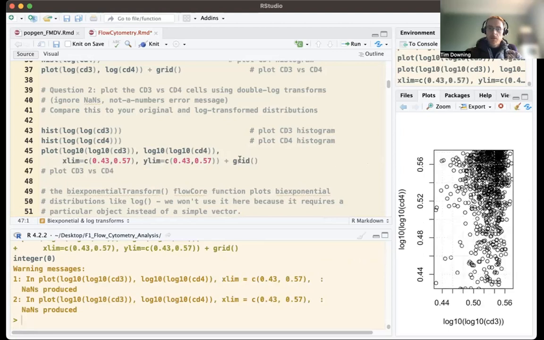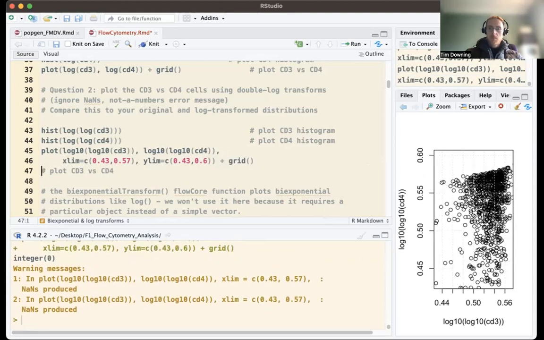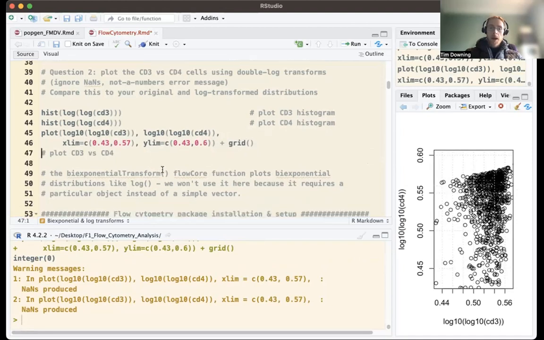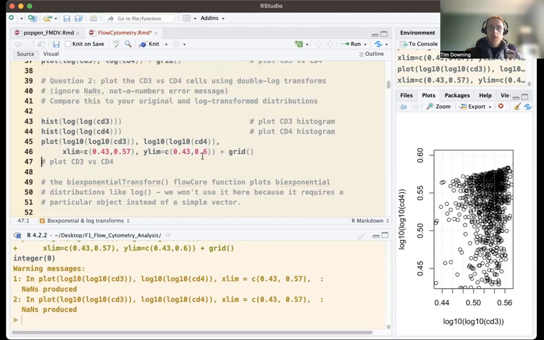You see a better resolution there, perhaps. And that captures more of the data. So you can see this demonstrates that there are different ways of plotting the data, and practicing with your own data would be useful.